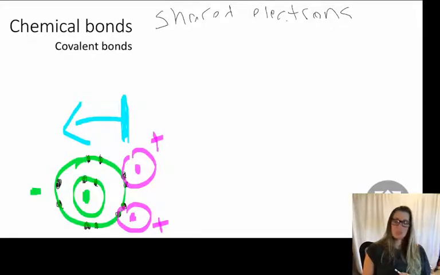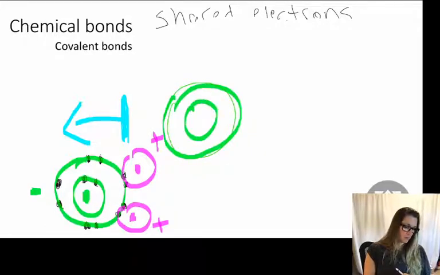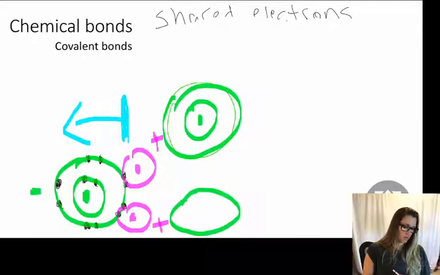But this bonding, this association, where this water molecule is bonded to this water molecule, and then to this water molecule, if you'll remember, that's based on hydrogen bonds.